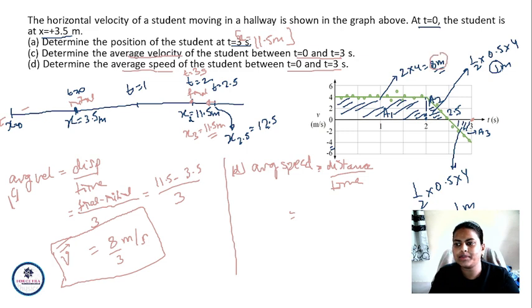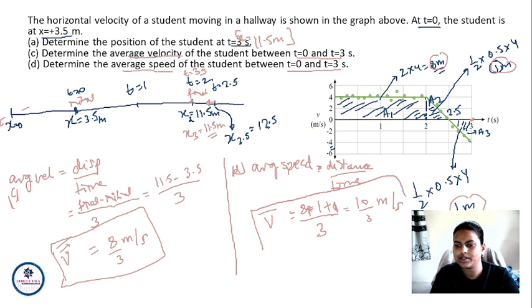So 8 meter plus 1 meter plus 1 meter, 8 plus 1 plus 1, so it would be 10. And what is the time? Time is 3 seconds. 10 upon 3 meter per second. And this is the average speed. Average speed and average velocity are different in this case.